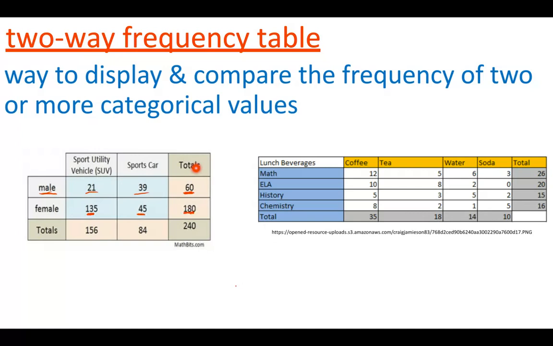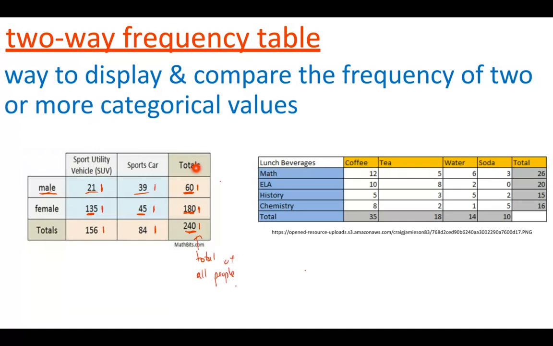And then if we were to add these two down, 60 plus 180, that gives us 240. And the same works the other way if we add down the columns. 21 plus 135 is 156. 39 and 45 is 84. Then add across there, 156 plus 84 is 240. So this represents the total number of people, total of all people.